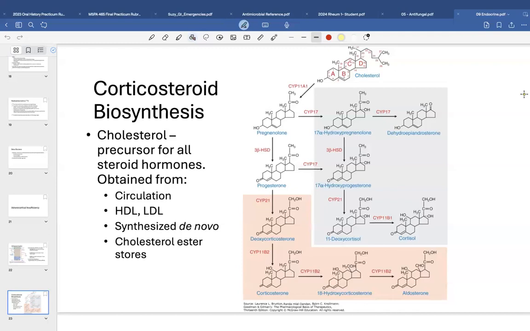And then the androgen pathway, which is this way. But it all comes from the same common precursor. And cholesterol basically came from the diet and it's stored in the liver as esters.